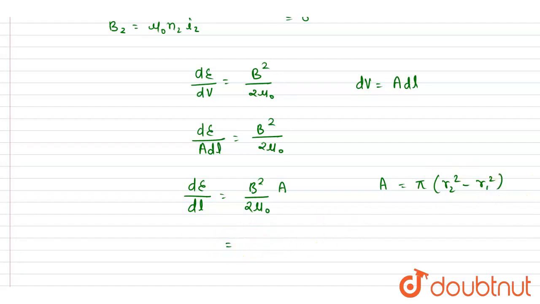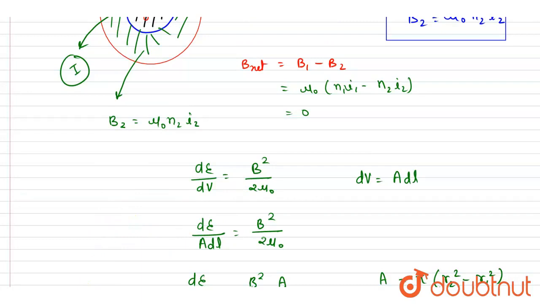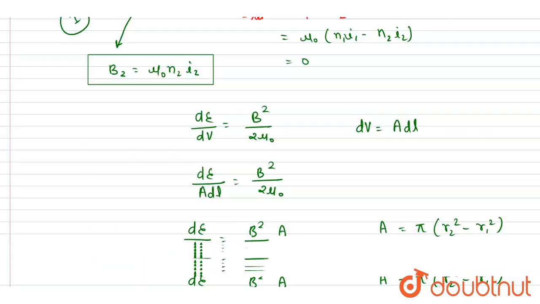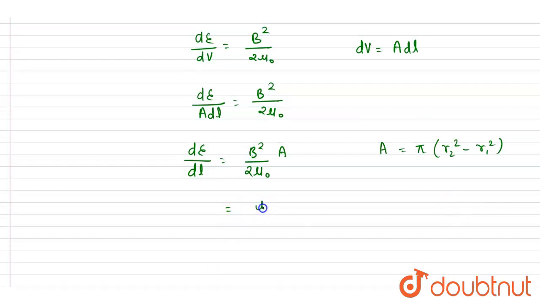And B here will be mu naught N2 I2. So I will write mu naught N2 I2 whole square by 2 mu naught, times the area.